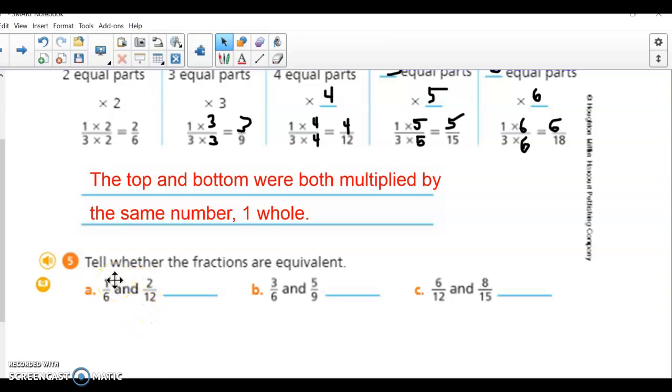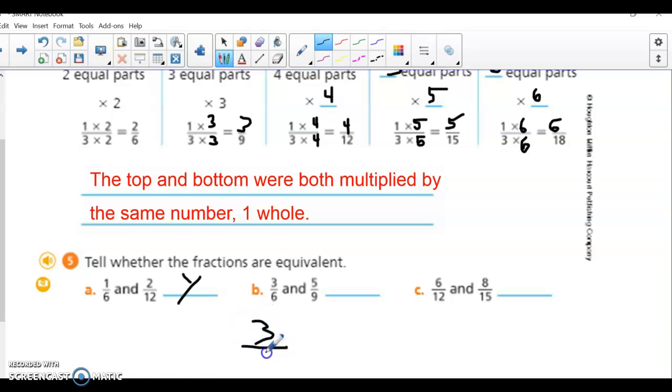So times the top by 2 and the bottom by 2, and you get 2/12. So yes, these are equivalent. So I would write yes, or just a y. Now, what about 3/6 and 5/9? Well, I know 3/6 should equal, if I multiply the top times 2, I'm going to get 6.